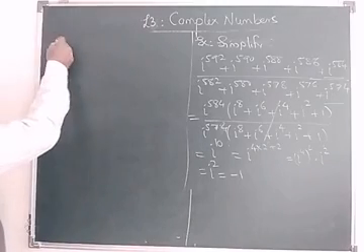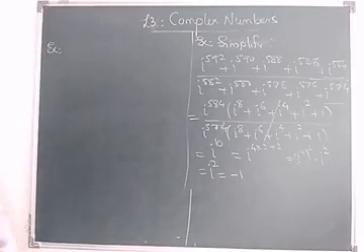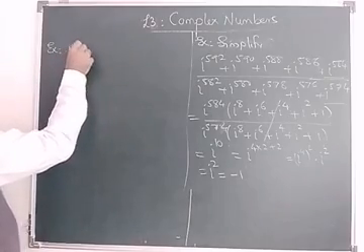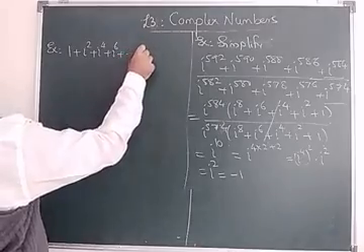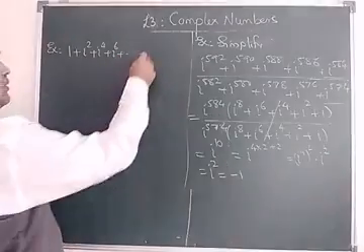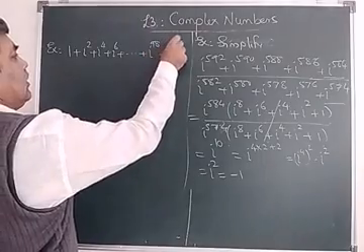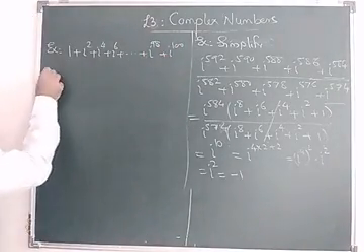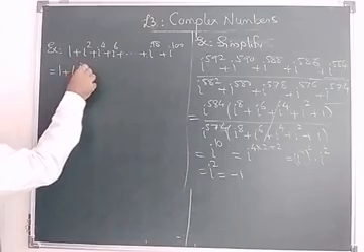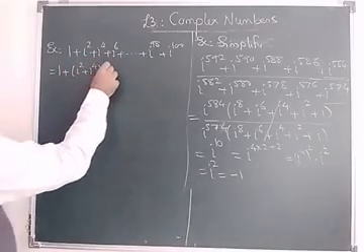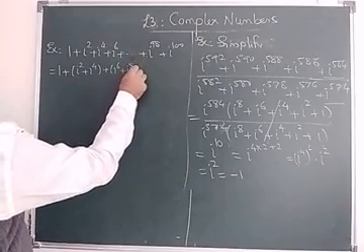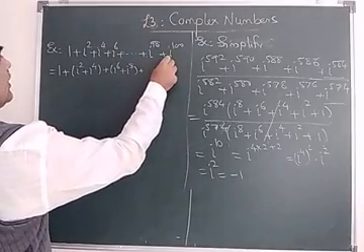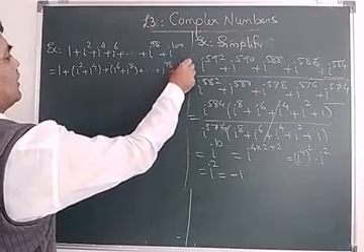If I take one more example of this type, say find the value of 1 plus i square plus i raised to 4 plus i raised to 6 plus dot dot up to i raised to 98 plus i raised to 100.